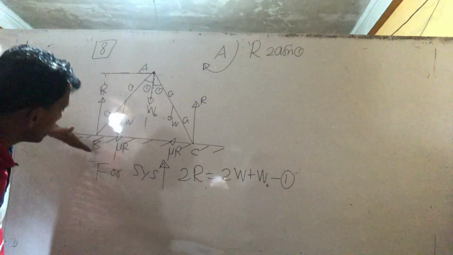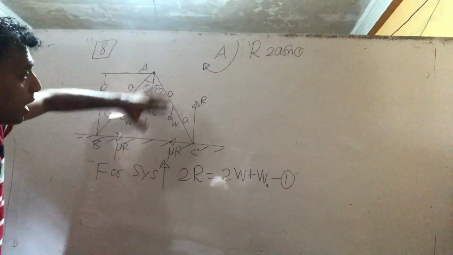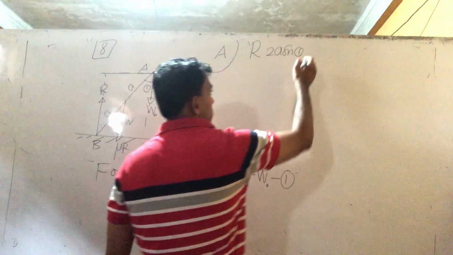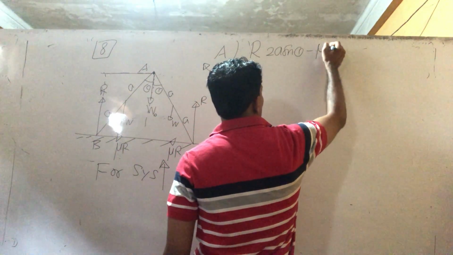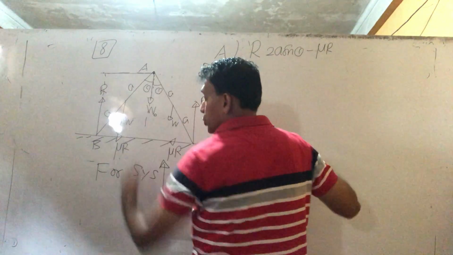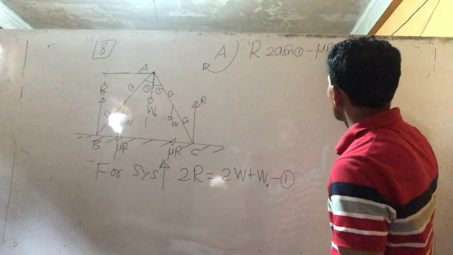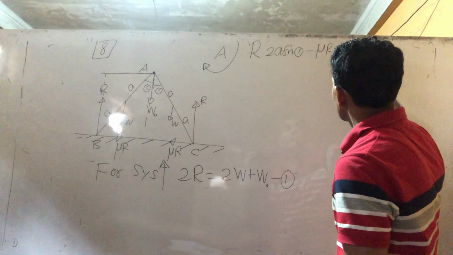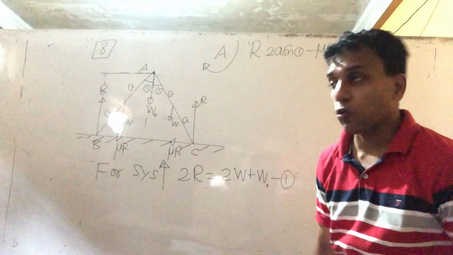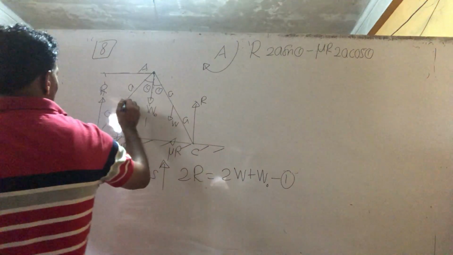And this one, mu R, other side, minus mu into R. But the vertical distance, 2a cos theta, right? 2a cos theta. Next, what force? W. How is W?